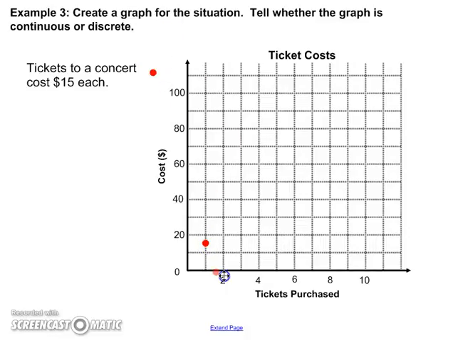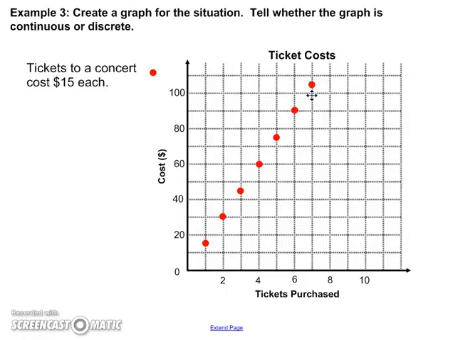And 2 tickets would be $30, which would be right there. Again, this would be my 30. And 3 tickets would be $45, and 4 tickets would be $60. 5 tickets would be $75, and so on. So we place our tickets, $90, $115, and so on. And now I've run out.